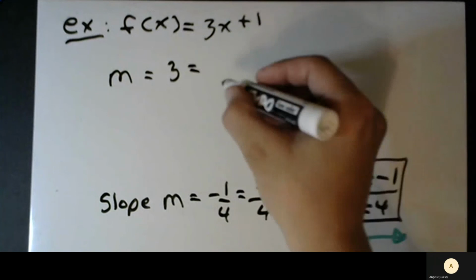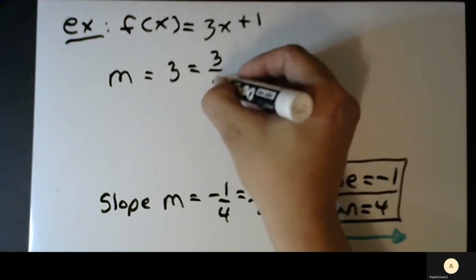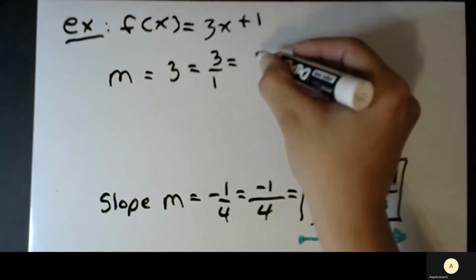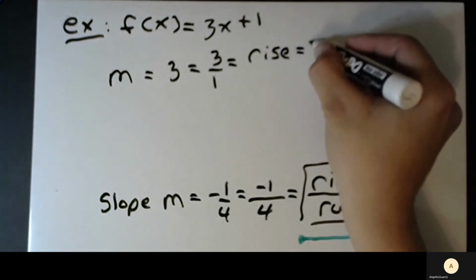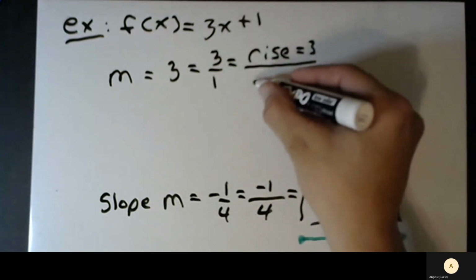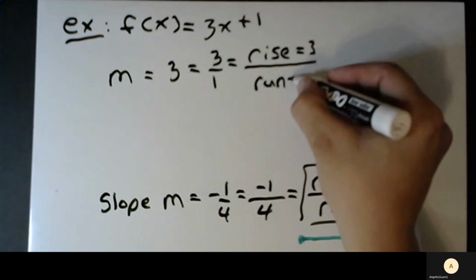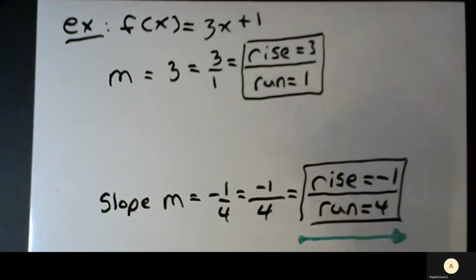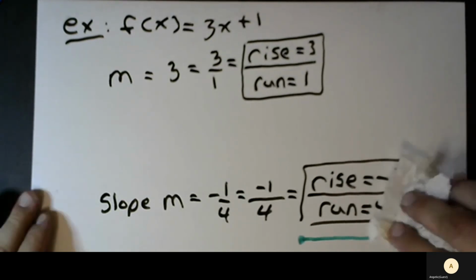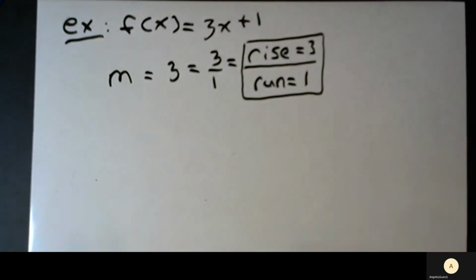But you can rewrite this as 3 over 1. So that gives you a rise of 3 and a run of 1.